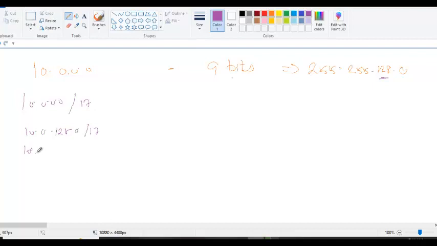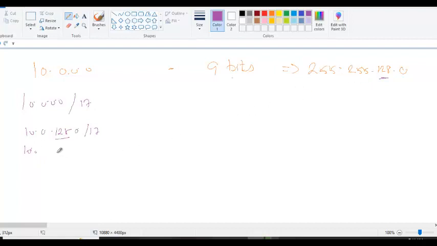Now, if you increment this by 128, what will be the answer? 128 plus 128 is 256. Do we have any 256? 255 is the maximum. So you need to put 1 here and 0.